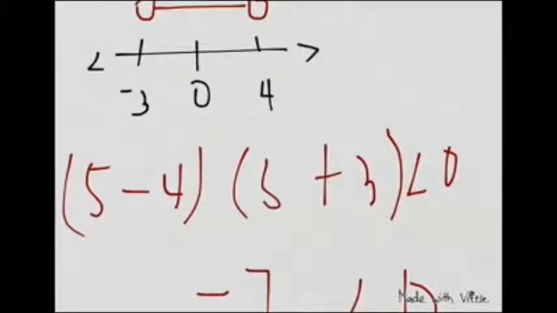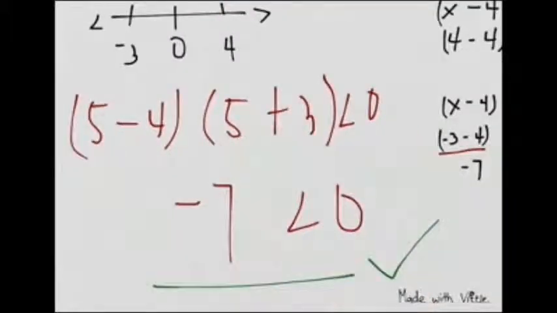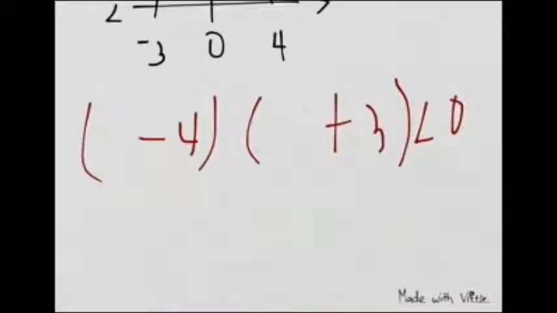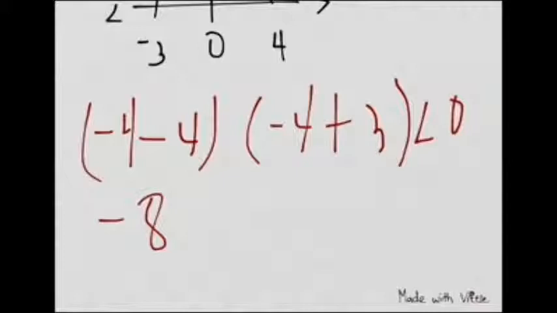So let's try 5 minus 4 times 5 plus 3. This will give us 1 times 8. And 8 is less than 0 will give us a false statement. Now let's try negative 4. So negative 4 minus 4 will give us negative 8. And negative 4 plus 3 will give us negative 1.